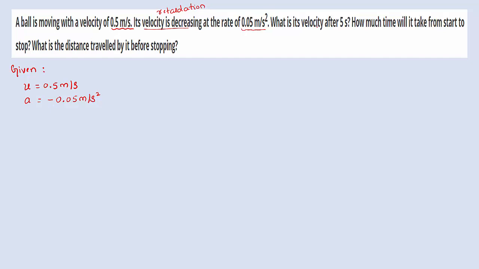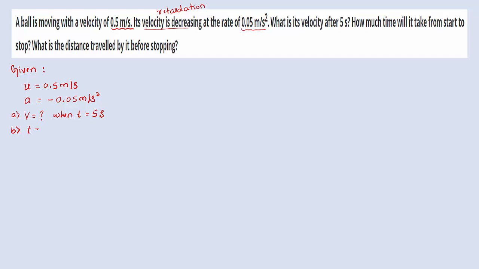What is its velocity after 5 seconds? The first question is what is its velocity after 5 seconds. It means we have to find final velocity when time is 5 seconds. That means t equal to 5 seconds. Then how much time will it take from start to stop? That means the second sub question is how much time.